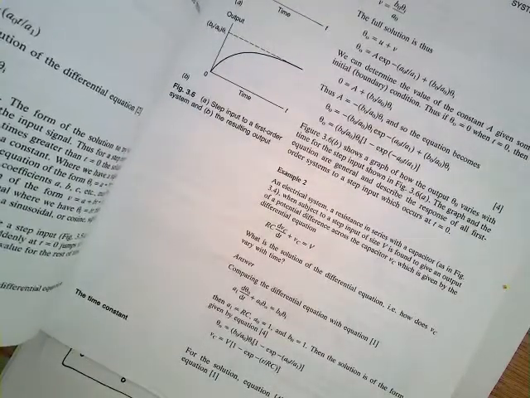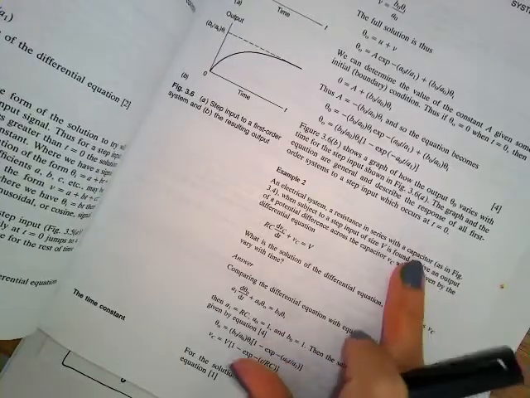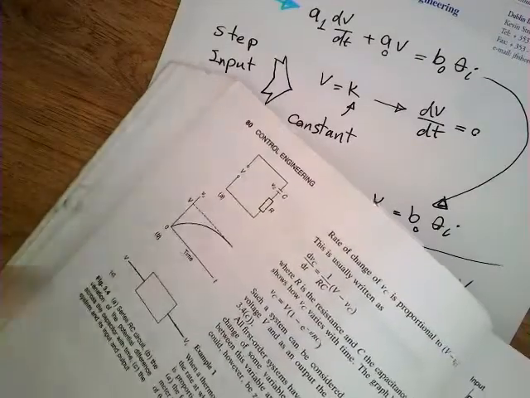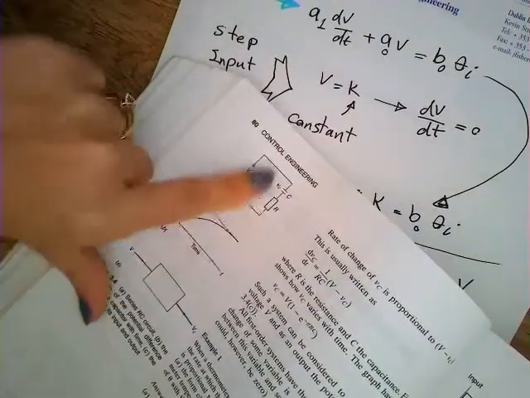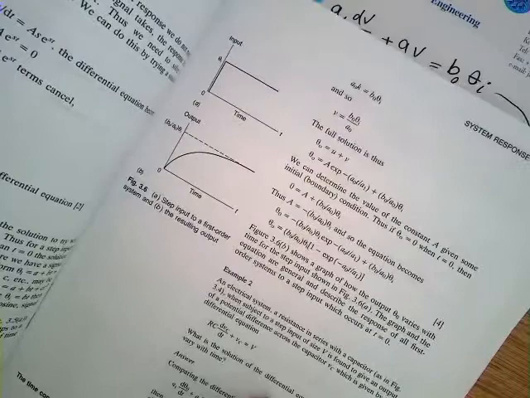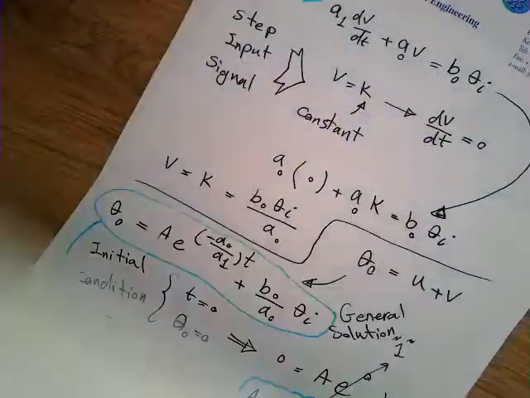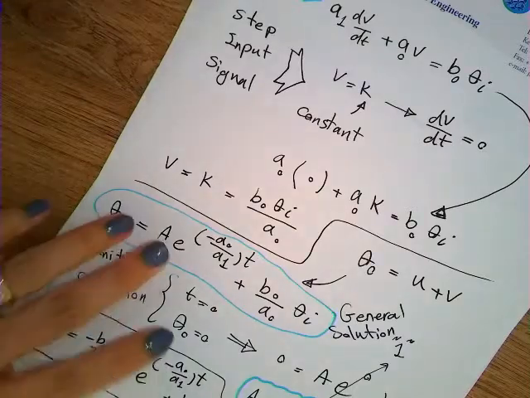So we have an electrical system, a resistor in series with the capacitor. This system is the one that is shown here. We want to see how the constants look in respect to an actual example.